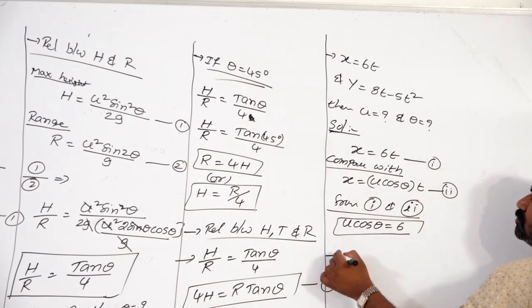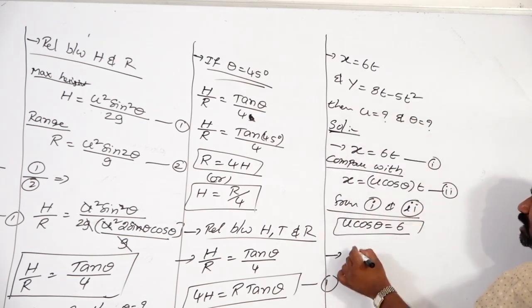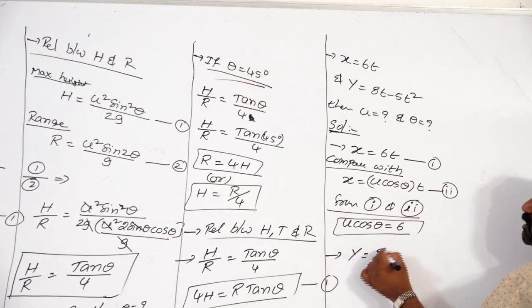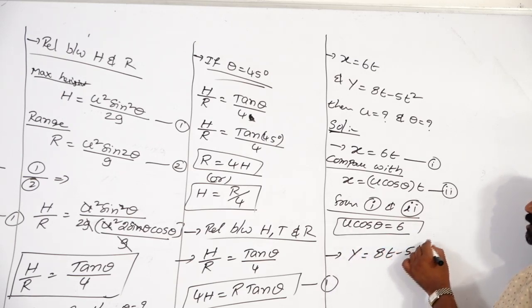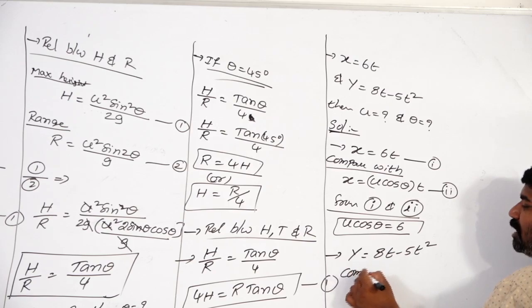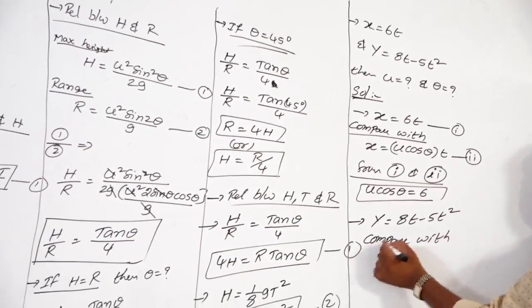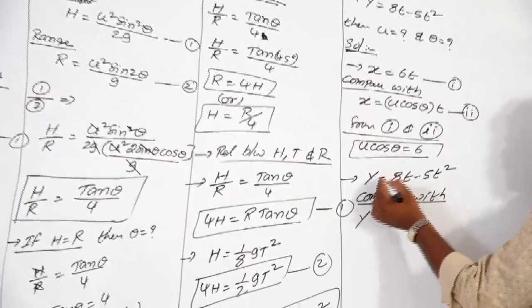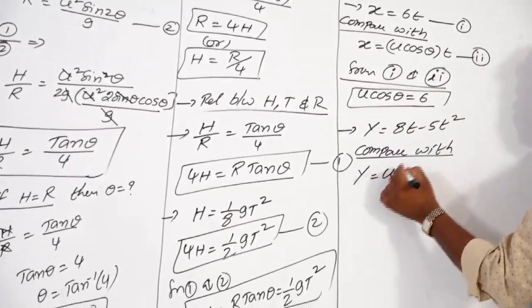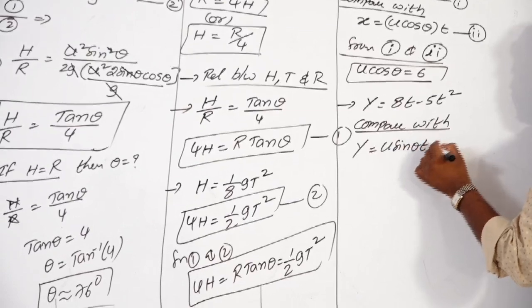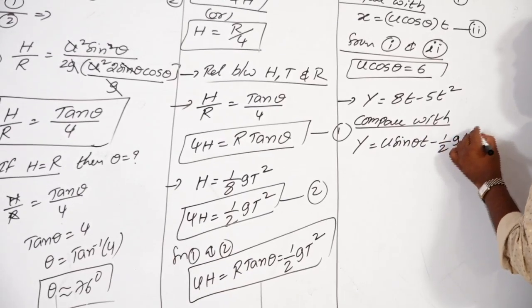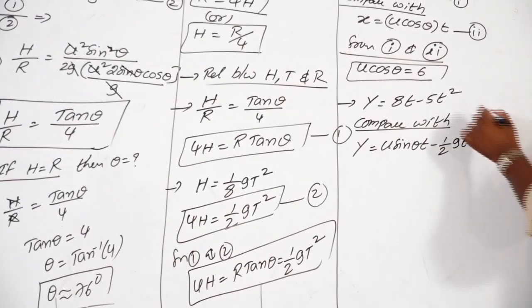Similarly, y is given, the vertical displacement is nothing but 8t minus 5t square. Compare with y, what is the formula for vertical distance in t seconds? y is equal to u sin theta into t minus half g t square. Now these two we are comparing.